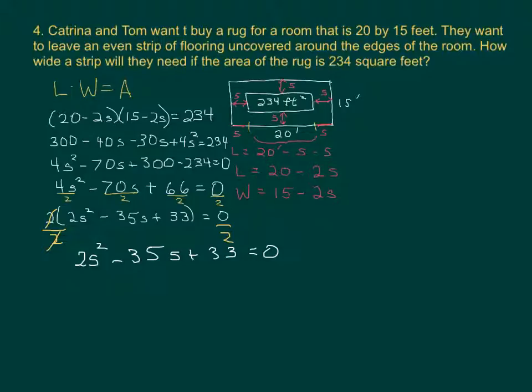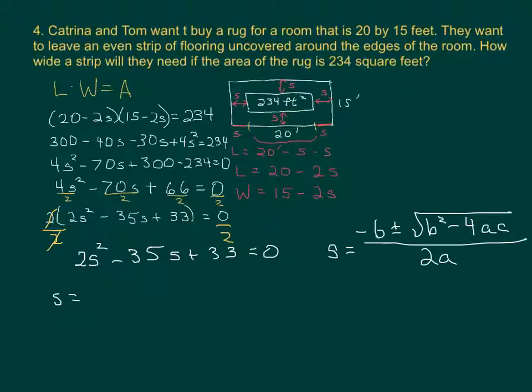Now I can use the quadratic formula or I can factor, but since we're studying the quadratic formula, let's go ahead and do that. So the quadratic formula says that s is going to be negative b plus or minus the square root of b squared minus 4ac over 2a. So b is negative 35.